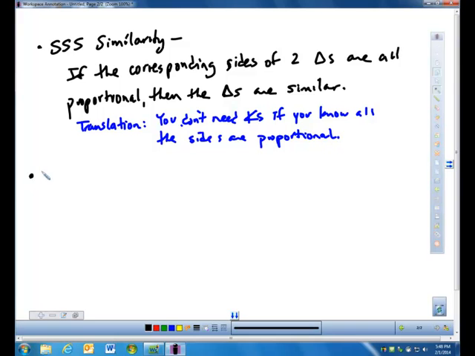The other theorem we're going to learn right now is referred to as the side-angle-side similarity theorem. Just like we had earlier this year, this is talking about two sides and an included angle.